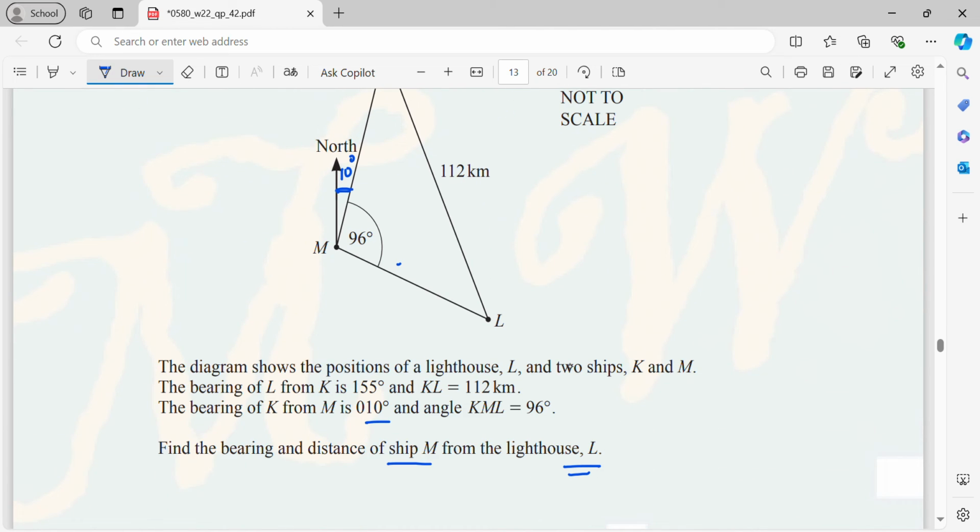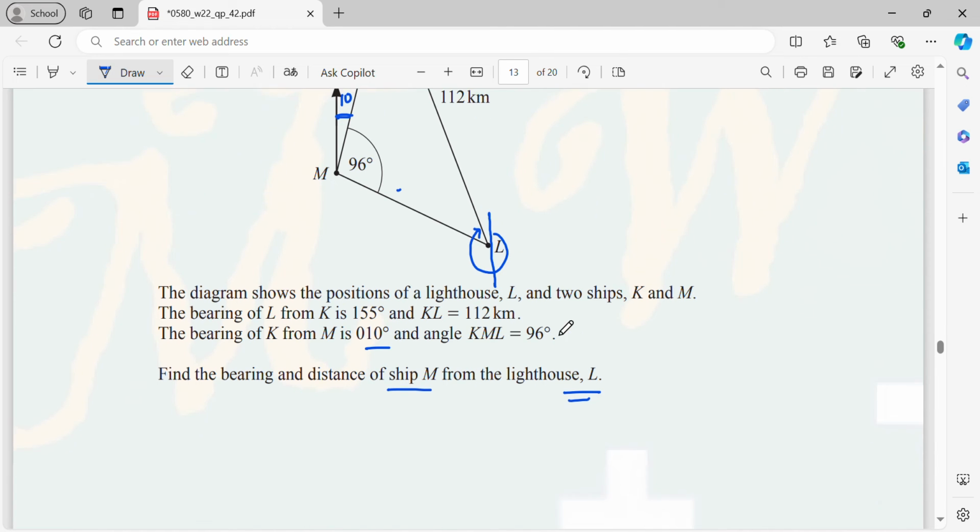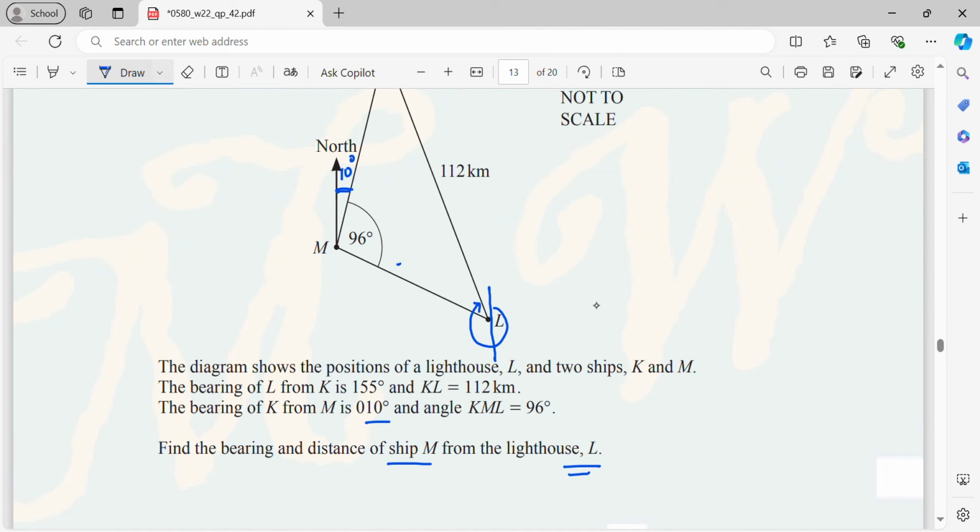So that means, okay, bearing. So I need to find out what is this bearing. Okay, so then from here, you must understand that these two angles are the same. That means this is going to be 96 plus 10.